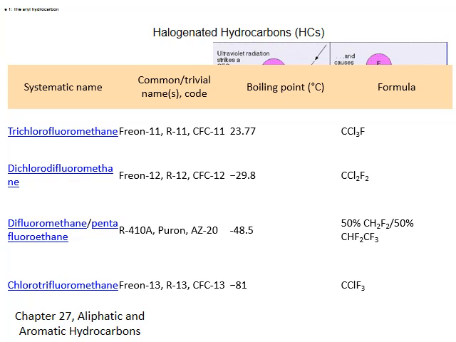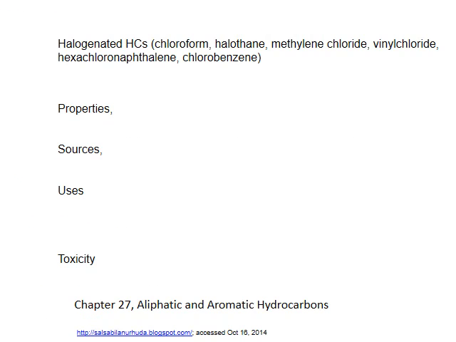We're going to talk about a few specific halogenated hydrocarbons now in the next slide. Now, none of these hydrocarbons that we're going to talk about here are CFCs. These are just standard halogenated hydrocarbons. And what can we say about halogenated hydrocarbons?